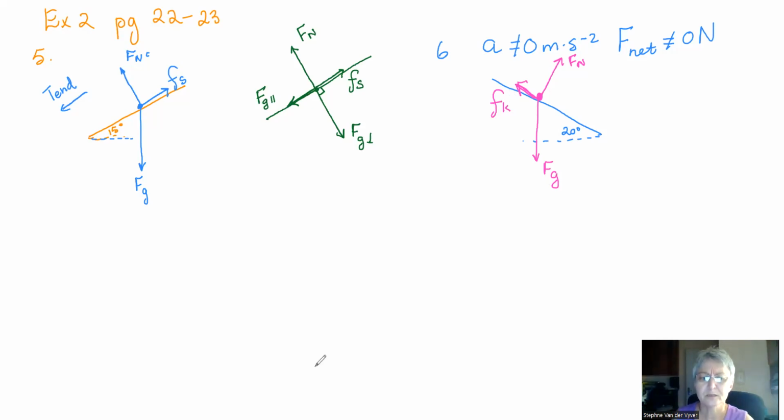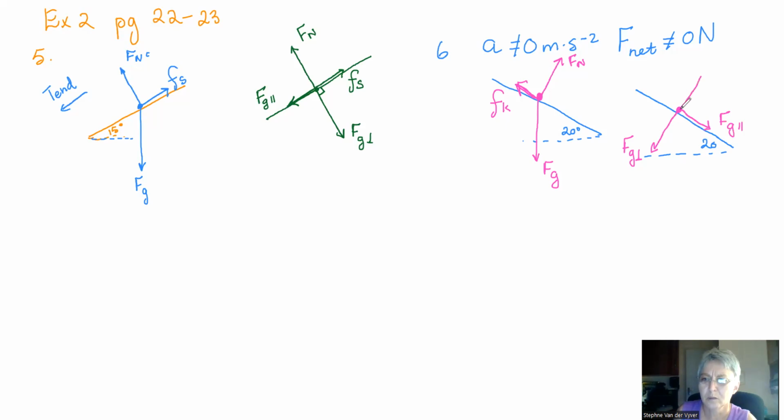To represent the same situation with the gravitational force's components, I'm going to do this, 20 degrees. Now, you've got the perpendicular component of weight, Fg perpendicular, and you've got the parallel component of weight, Fg parallel.